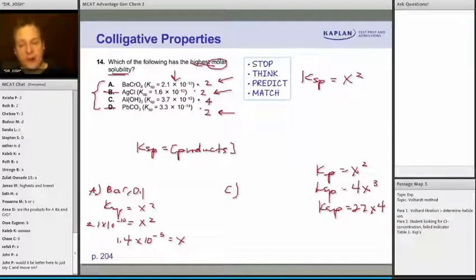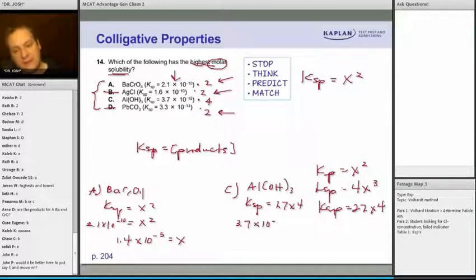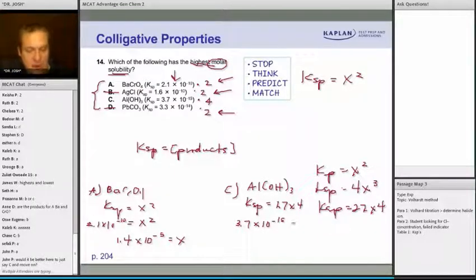And since there are 4 products, we know that for this one, for AlOH3, our KSP is just going to equal 27x to the 4th. And all of that has to equal 3.7 times 10 to the negative 15. And we start doing our math at this point.